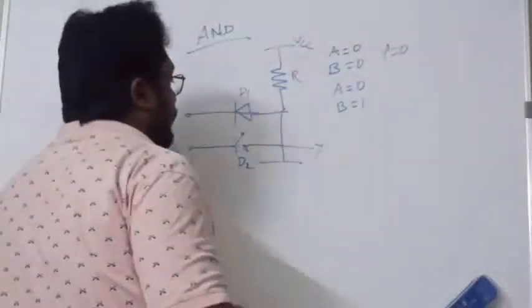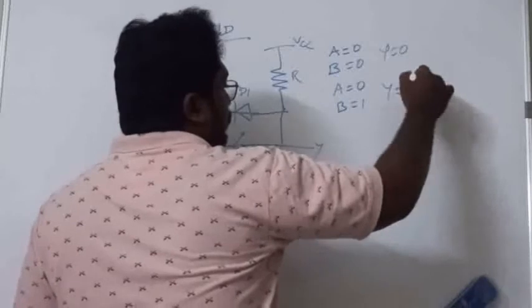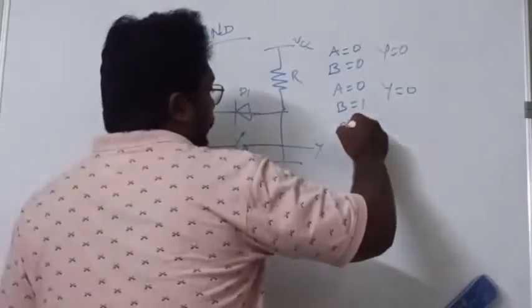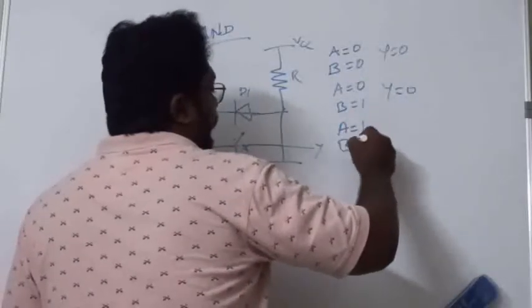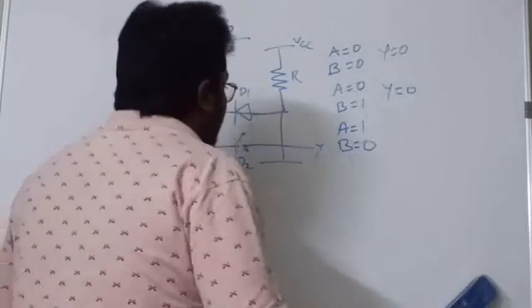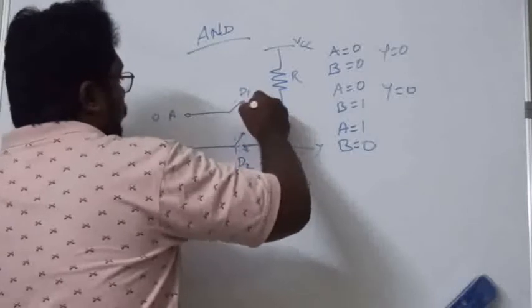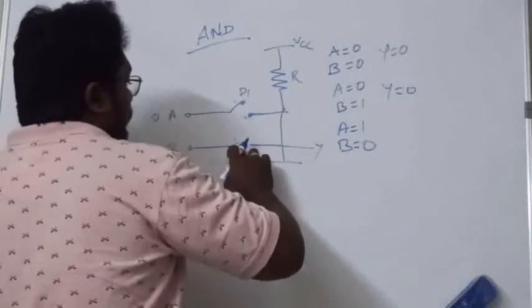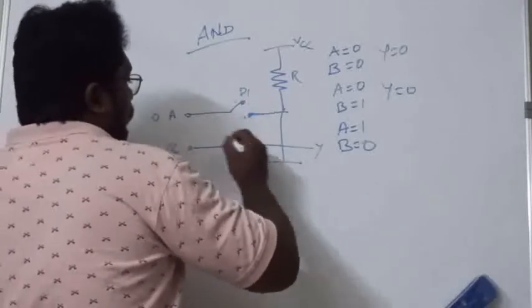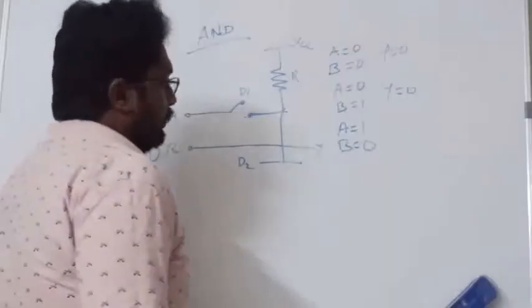So then also the output Y is equal to 0. And if I am taking A is equal to 1, B is equal to 0, in this case the diode D1 will become open circuited and the diode D2 will be short circuited.